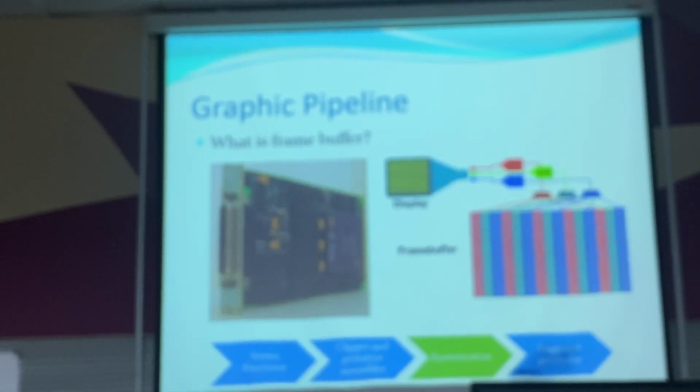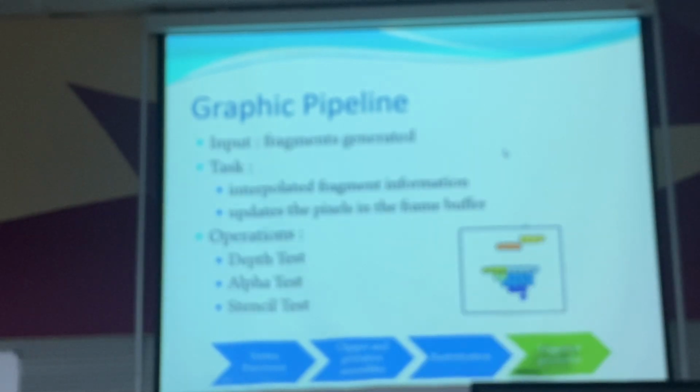So what is the frame buffer? The frame buffer is in your graphic card. Your graphic card actually has a lot of buffers, meaning temporary storage, to keep your fragments, your pixels. It will keep them here before we actually display on your screen. So inside your frame buffer, the fragment will be processed in the fragment processor.